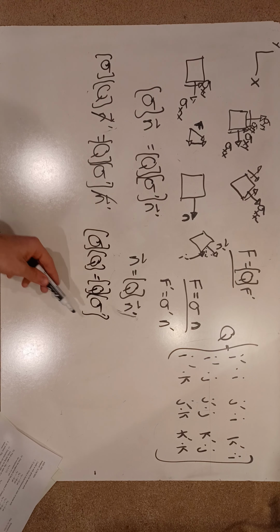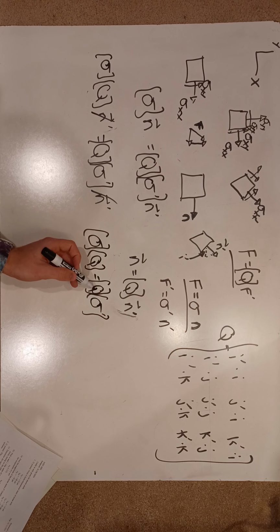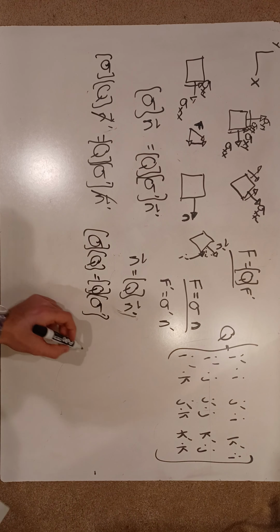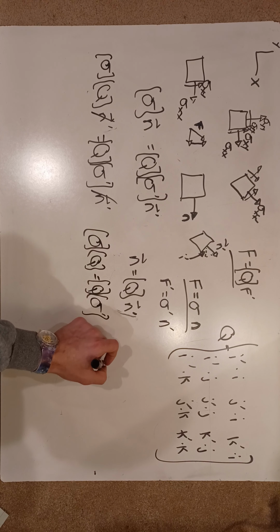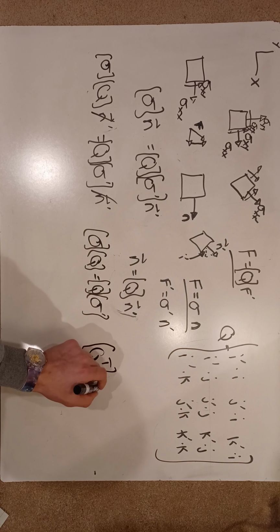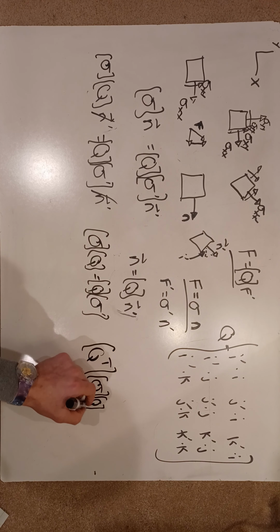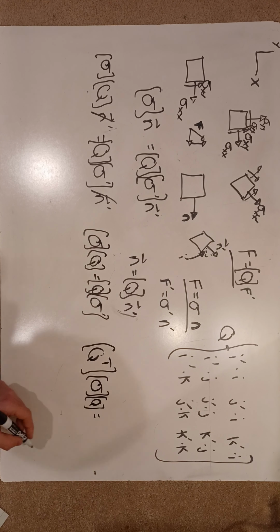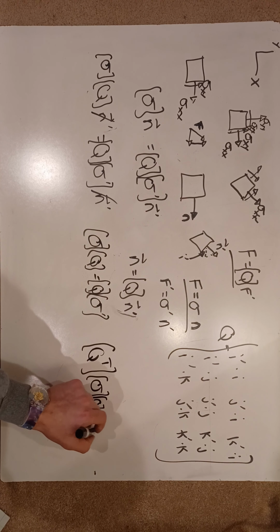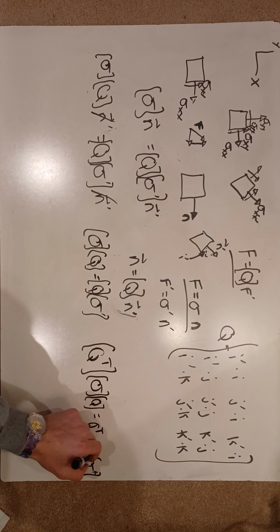Okay, and if we want to get sigma prime all by itself, we have to, in essence, get rid of this Q. So the way we can do that is multiply both sides by the transpose of Q. So what that will look like is the transpose of Q times sigma times Q is equal to the transpose of Q times sigma prime.